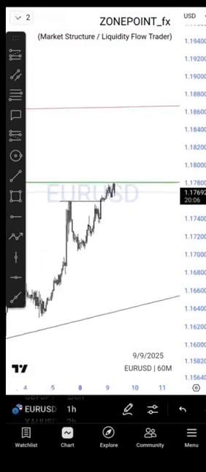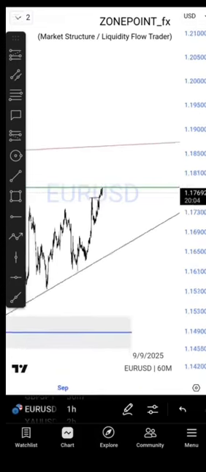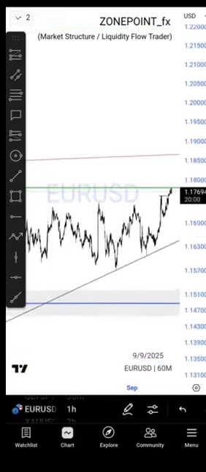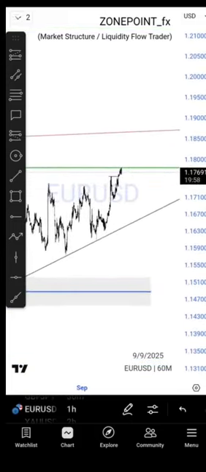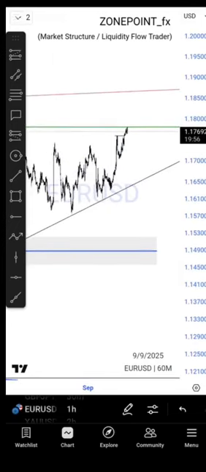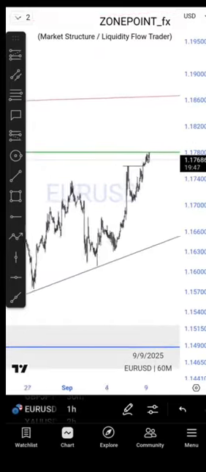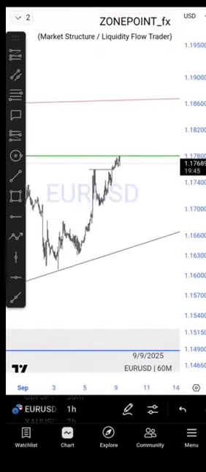Market will be selling to a level. We spot a level on 4 hours, a liquidity level that price has not swept at all. I will only buy once price sweeps that liquidity.